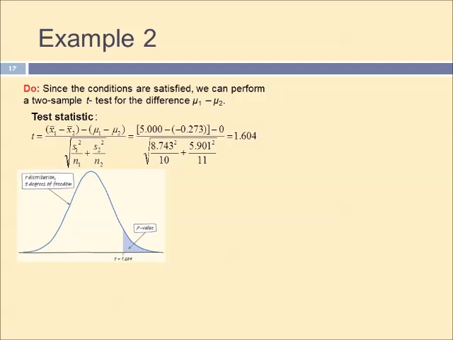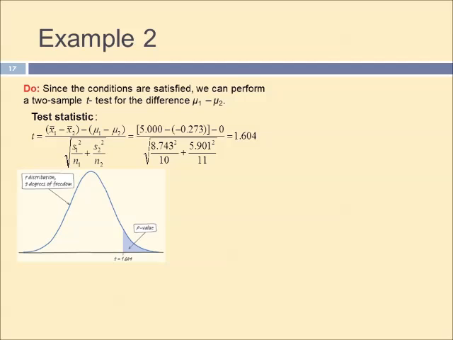They're the same. And the bottom part of the t-statistic has the sample standard deviation, 8.743 squared, divided by the sample size of 10 for the first group, and 5.901 squared, divided by the sample size 11 for the second group. We add those and then take the square root. And that all comes out to 1.604.